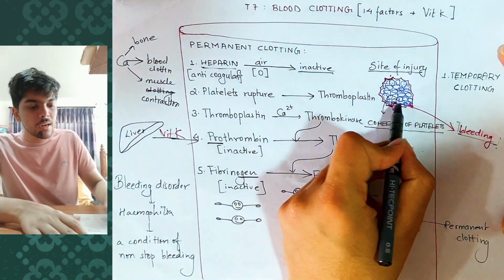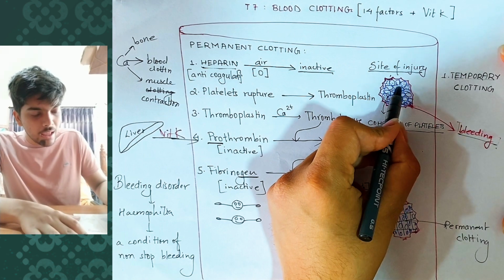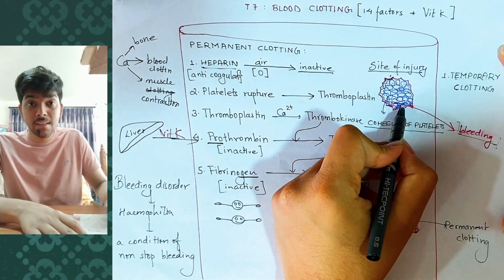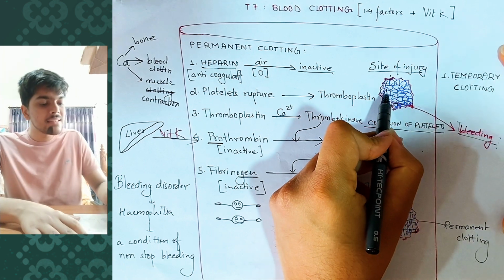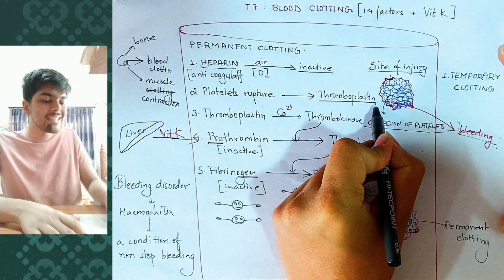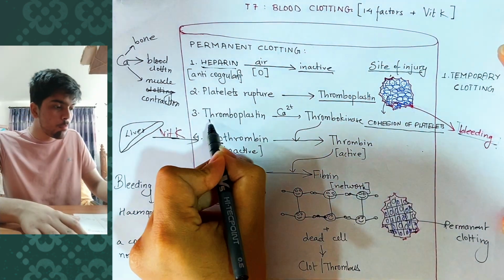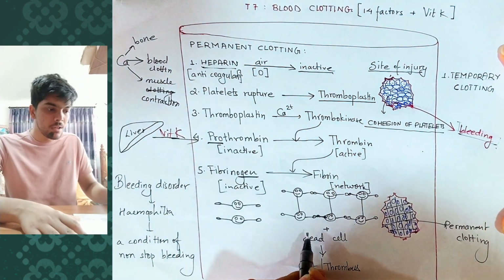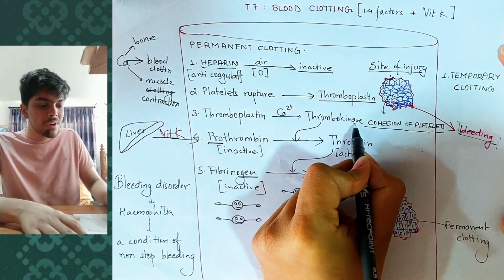Second, the platelets that have aggregated at the site of injury rupture because they are fragile, and as they rupture, they secrete something called thromboplastin. This thromboplastin, with the help of calcium present inside the blood, gets converted to thrombokinase.